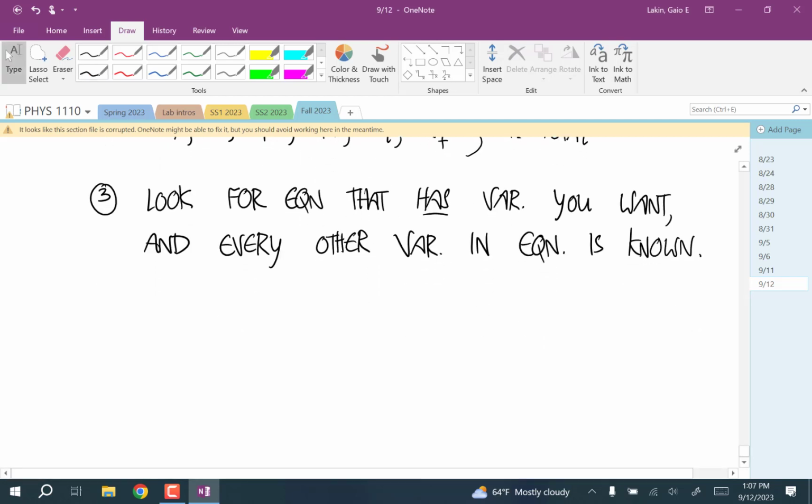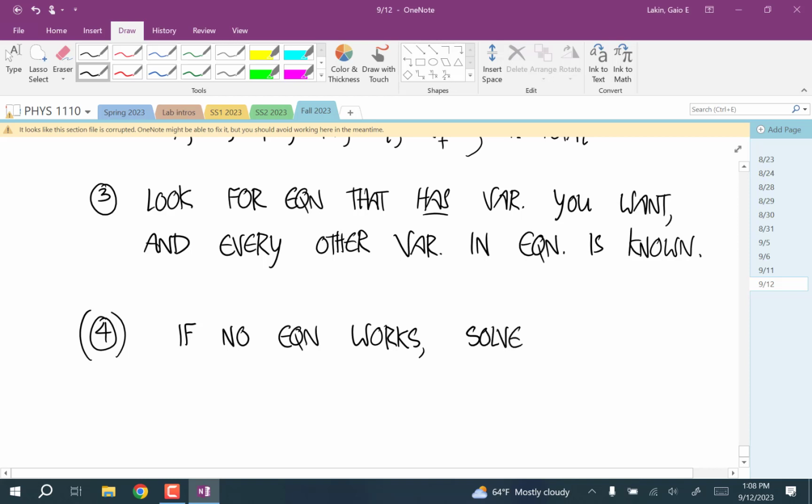And then the last step, you don't always need this, so I'm going to put it in parentheses. But if no equation works, find an equation that lets you solve for time final.